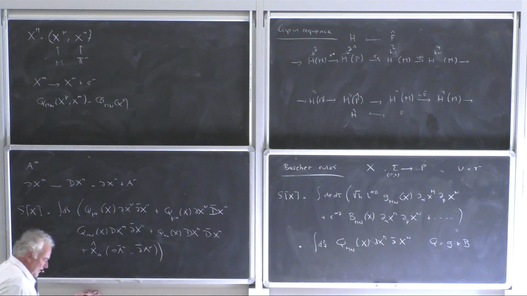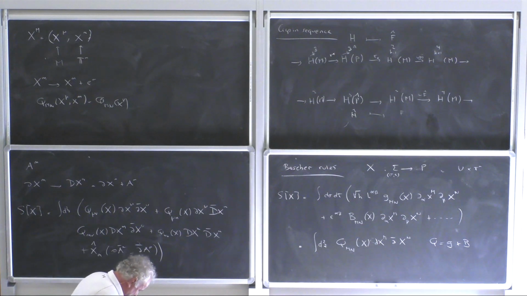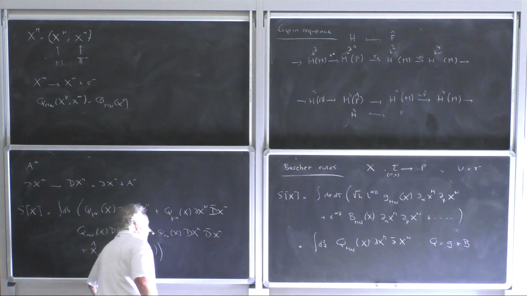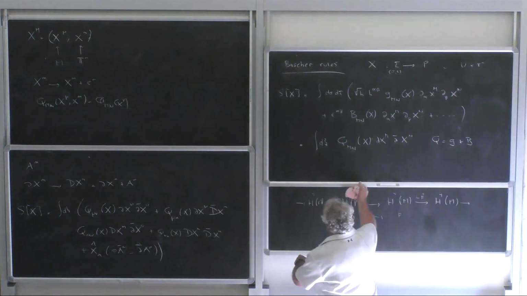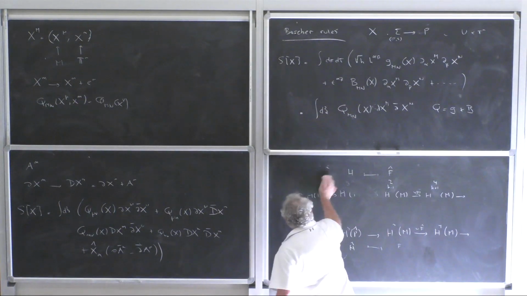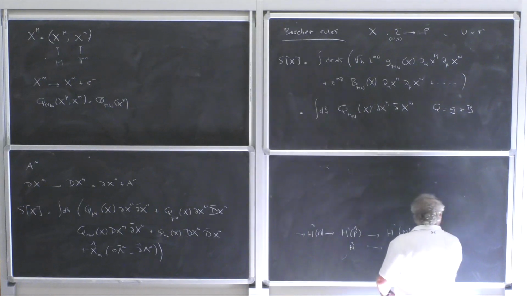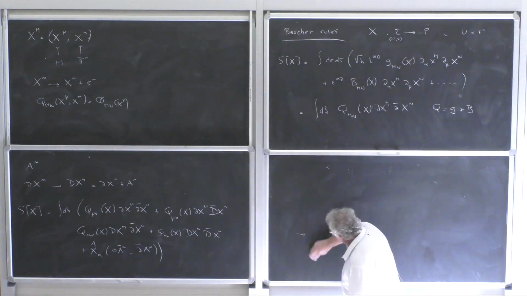So I don't want to write out the whole thing. I just want to say how you now get the T-dual. This is a well-known calculation which you can find in any review on T-duality.